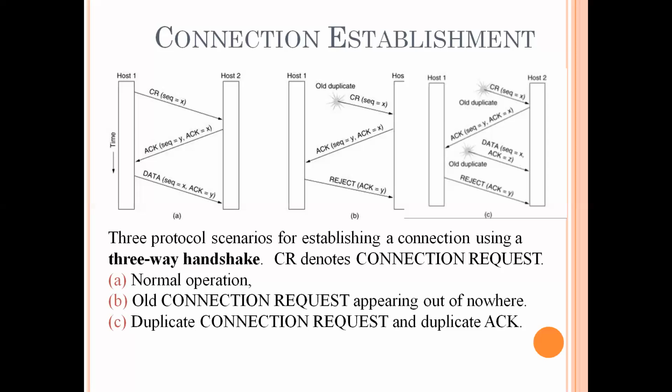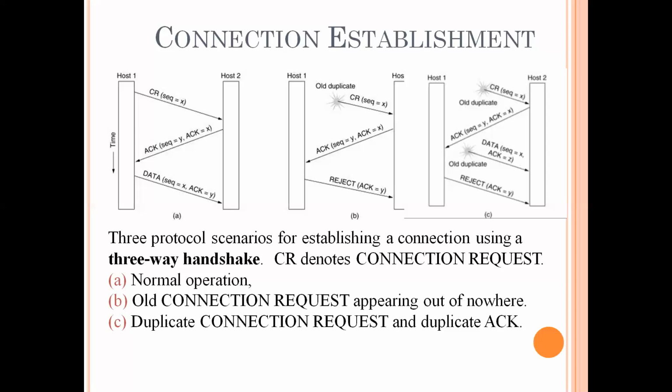Similarly, the next figure shows the duplicate connection request and the duplicate acknowledgement. In this also, host 1 already sent the connection request to host 2. Here, host 2 is receiving some duplicate connection request which was lost previously.